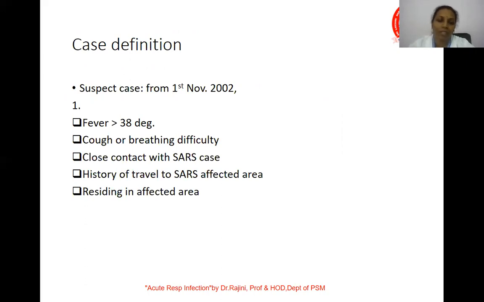This is applicable even to coronavirus. We say fever, cough and cold, breathing difficulty, people living in contact with corona cases and so on. It's similar. So the case definition is a patient living in contact or nearby places, or in the affected area.